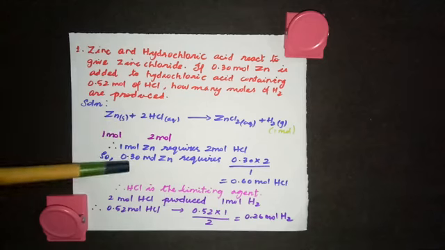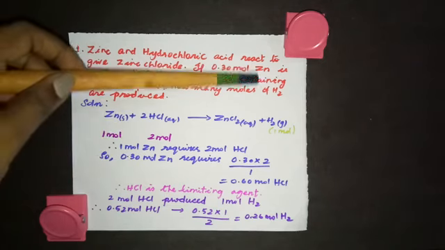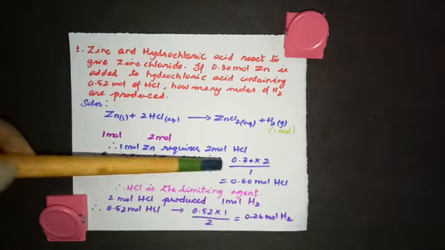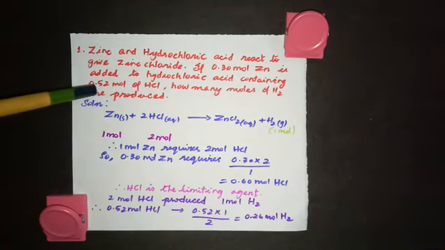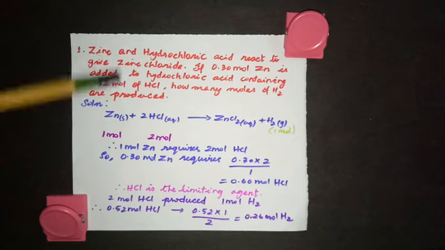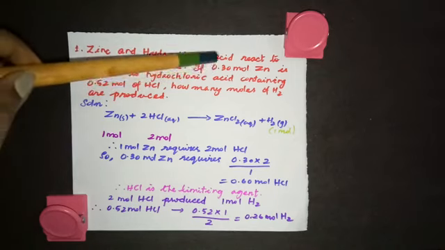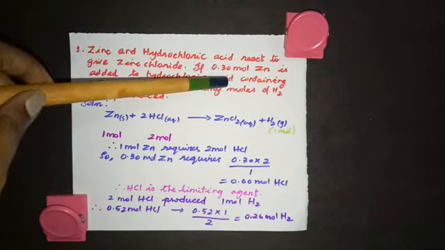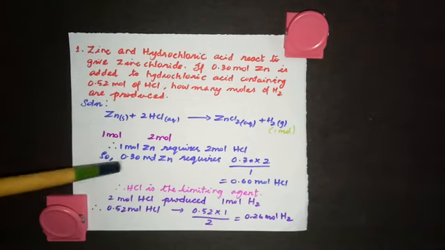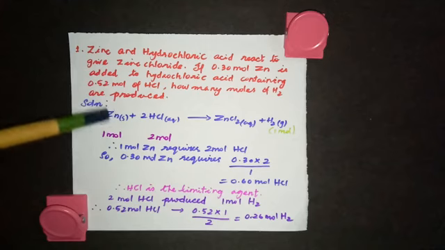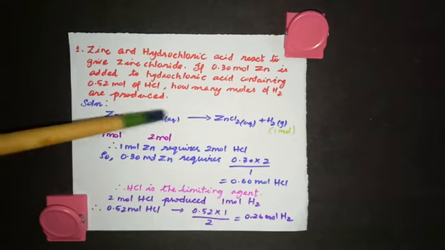Now according to this equation, 0.30 mole of zinc will require how many moles of HCl? Given HCl is 0.52, let it be there, but you have to find out actually for 0.30 mole of zinc how many moles of HCl is required. So according to this equation, 1 mole zinc requires 2 mole HCl.